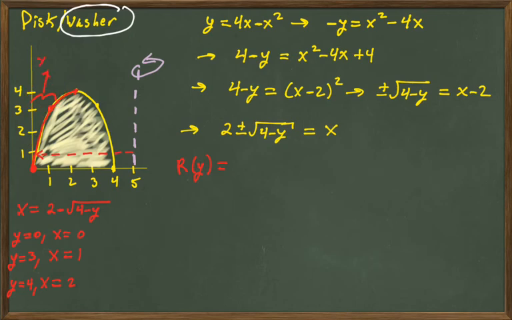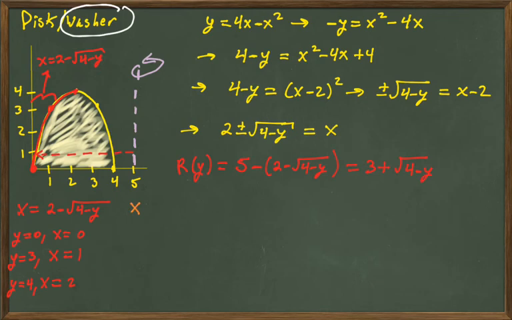Okay, so that is x equals 2 minus the square root of 4 minus y. All right, so that describes this distance. We want to count this distance, okay? So if we do 5 and then minus this little piece here, that's going to describe our outer radius. So 5 minus 2 minus the square root of 4 minus y is going to be our outer radius. So it's going to be 3 plus the square root of 4 minus y.